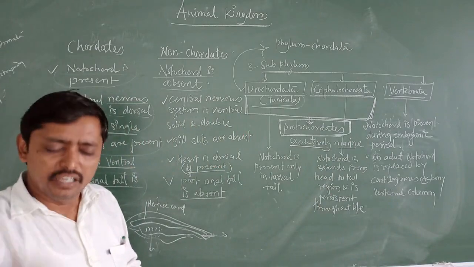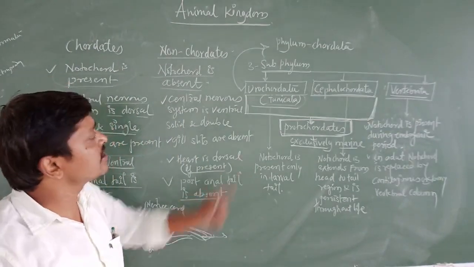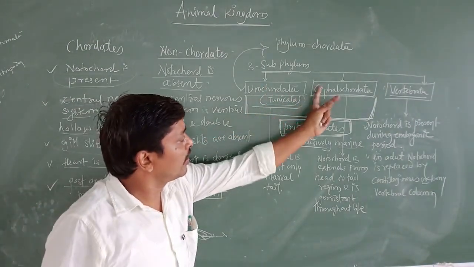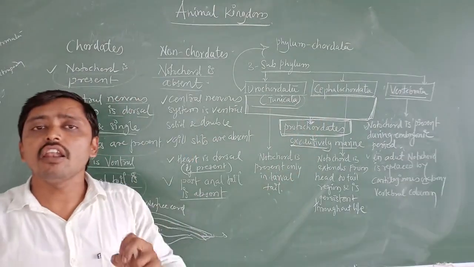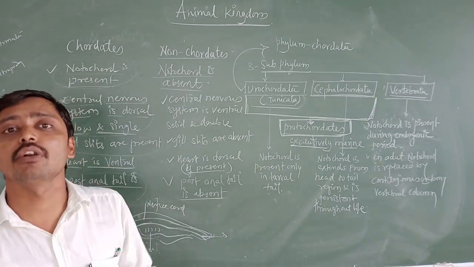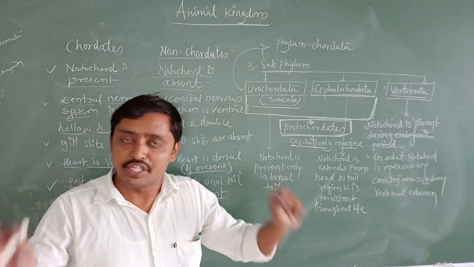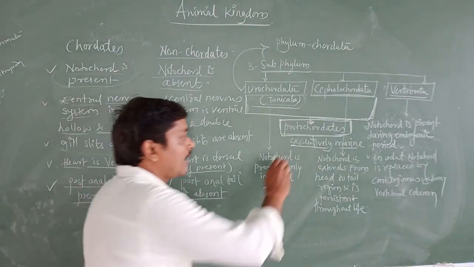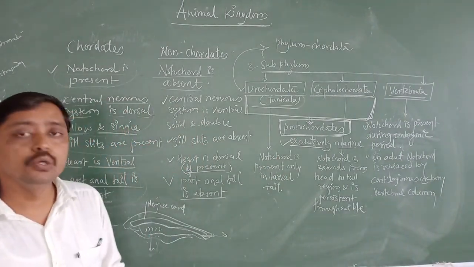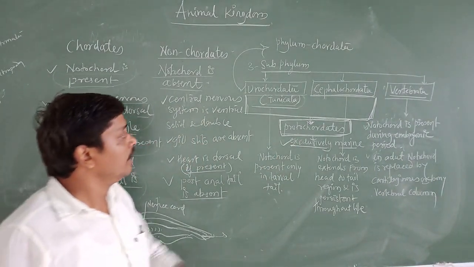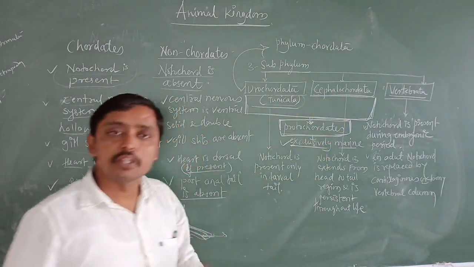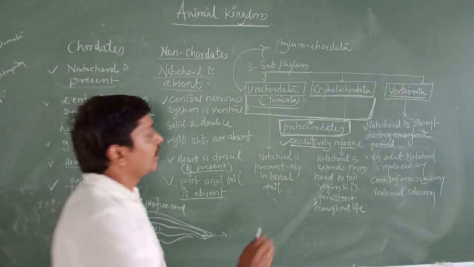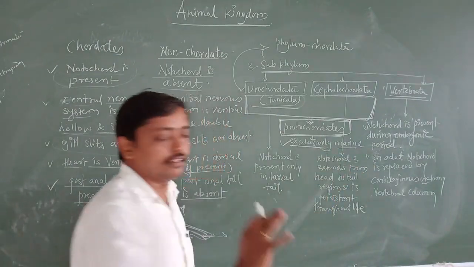We find all these Urochordates and Cephalochordates only in marine water, not in fresh water. That's what I have written here: these are exclusively marine in form. Understood?